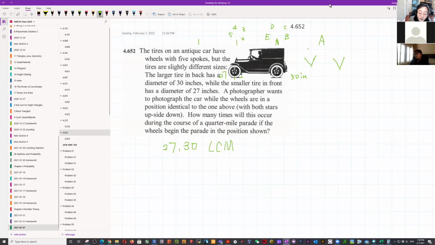So that is the cycle length of both returning to the original position. Then we also have to find if there is any other position, for example, B pointing down related to 4 pointing down, maybe; it still looks the same to me. So basically we have to find all those.